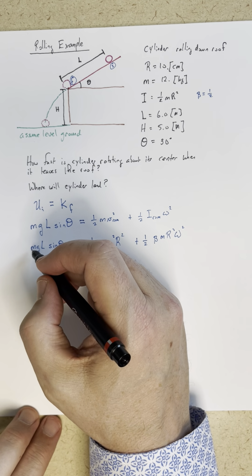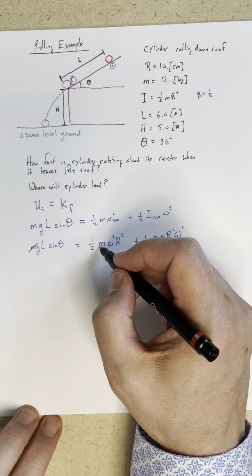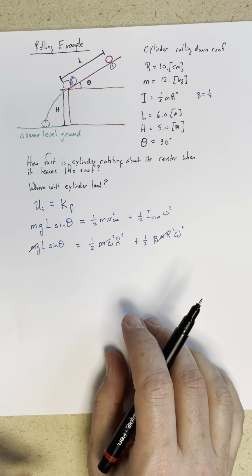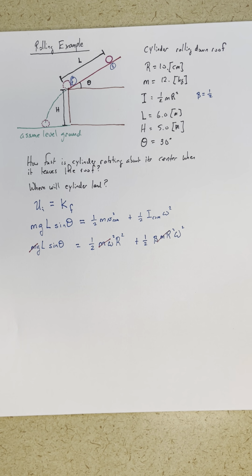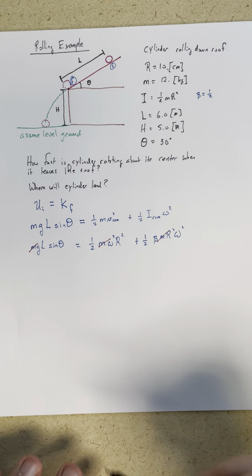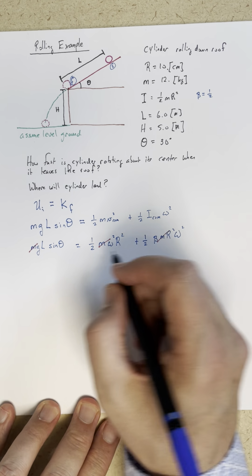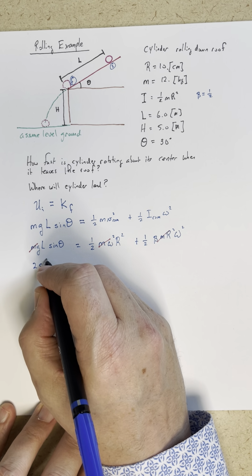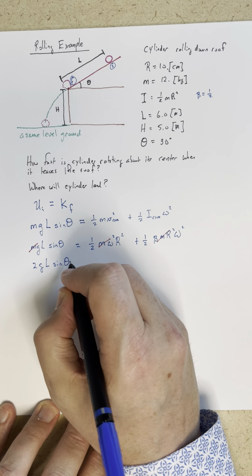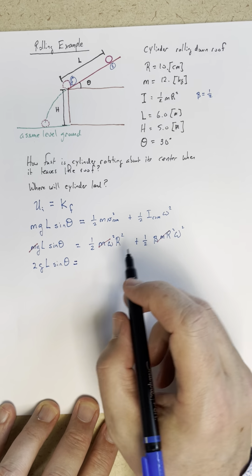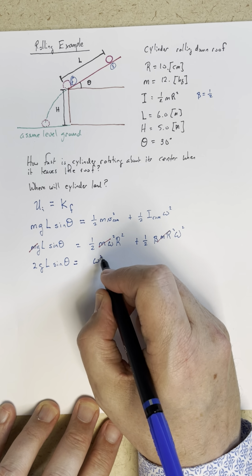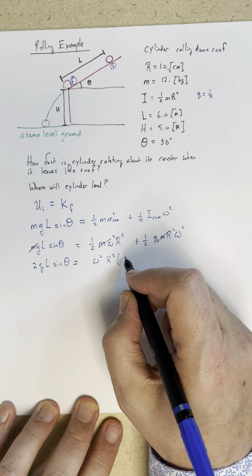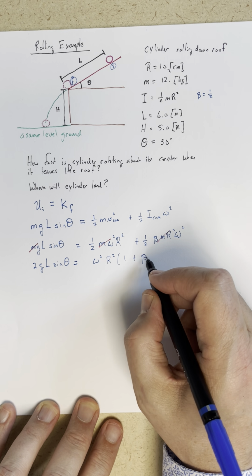And every term has the mass in it, so gravitational mass is canceling out with inertial mass. And multiply both sides of the equation by 2. 2gL sine of theta is going to equal omega squared r squared times 1 plus beta.